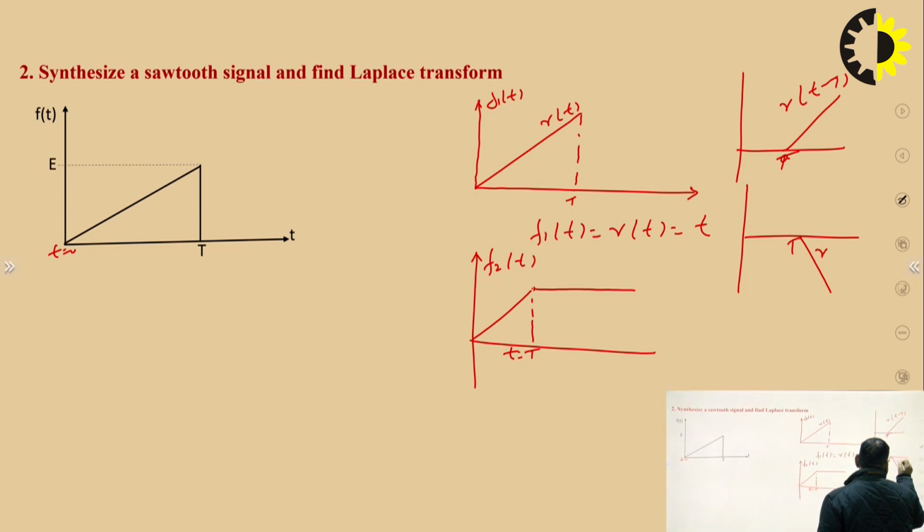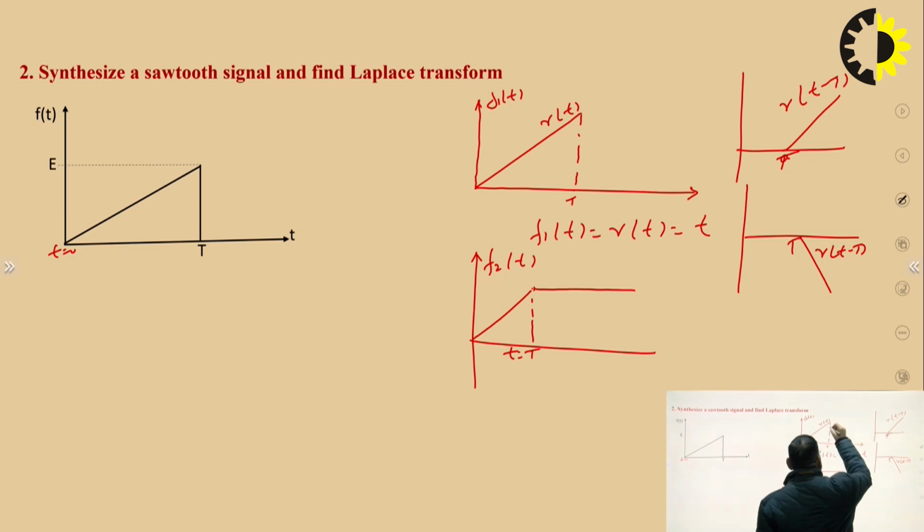So this is r(t) minus r(t minus T), so it is a negative slope. If we add a negative slope at t is equal to T, this line will become horizontal, or the slope will be 0.